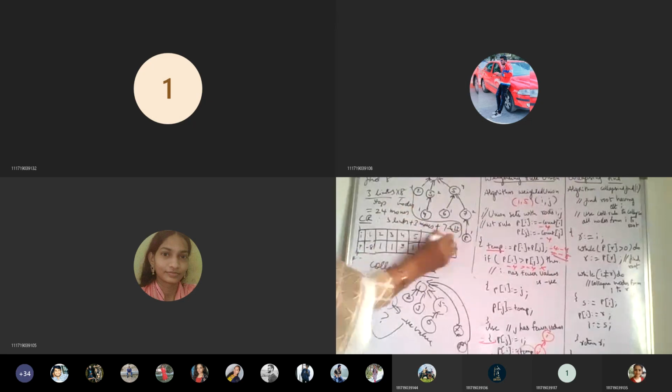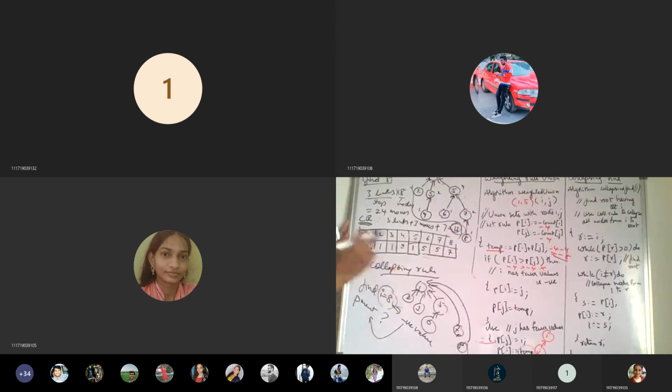So now when we are implementing the collapsing rule, to find element 8, it was 24 moves for all the nodes. But when we are using the collapsing rule, the number of moves has been reduced to 13. So that is the usage of the collapsing rule. But doing it for only one node is more.